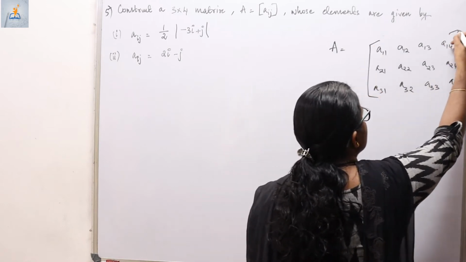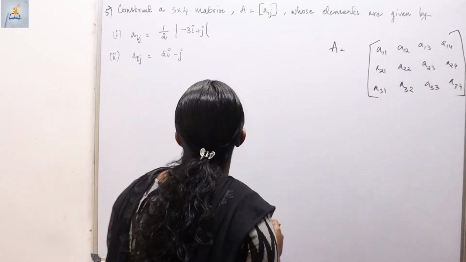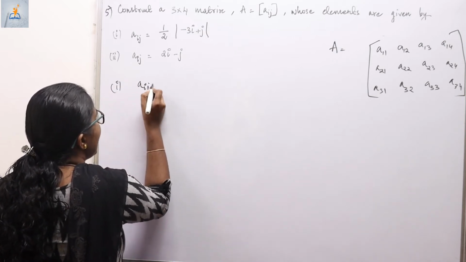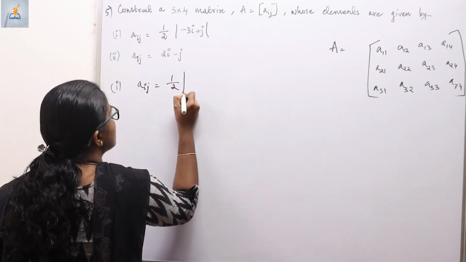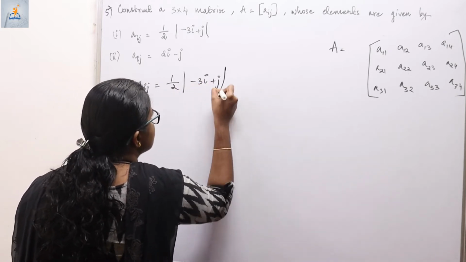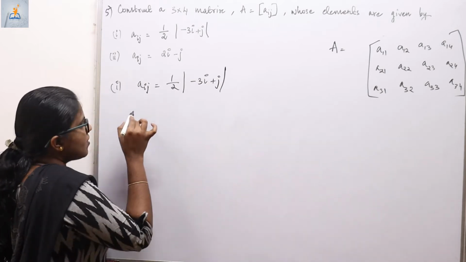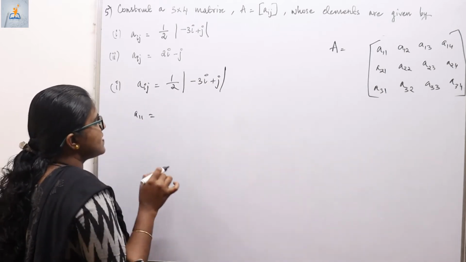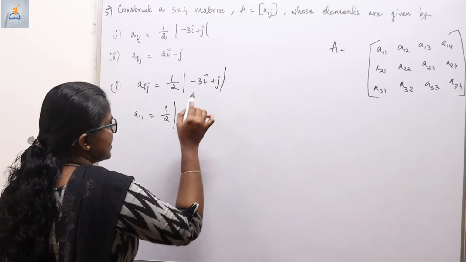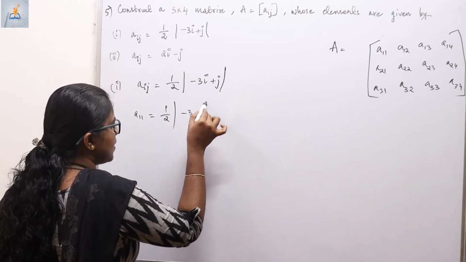So this is the general form of a 3 by 4 matrix A. So we are going to find a matrix like this, and its general form is given. For the first question, the general form is like this. Aij is equal to half times modulus of negative 3i plus j. So first we are going for A11. So what is A11? It is half times modulus of negative 3 plus 1.